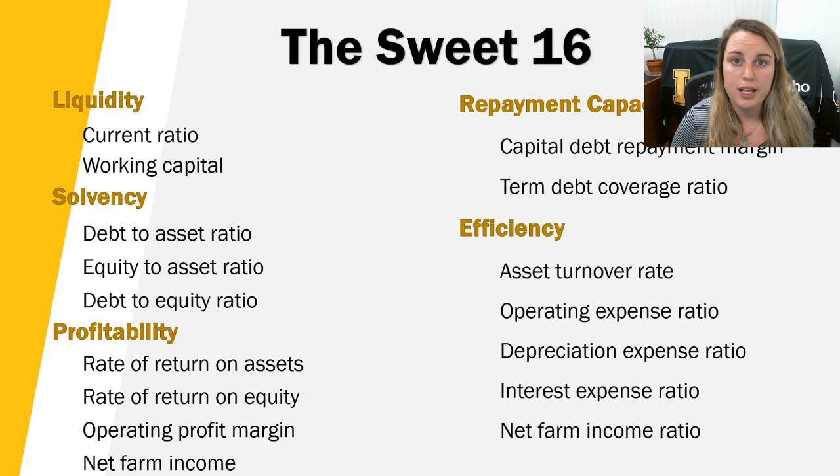I would encourage you to go home and work on these ratios, and I know they will be helpful for you in the future. If you need help, think about our farm business management and benchmarking program. That information is in the description box.